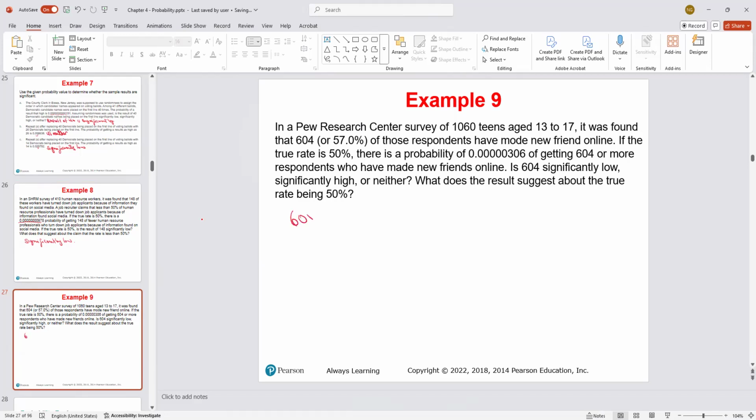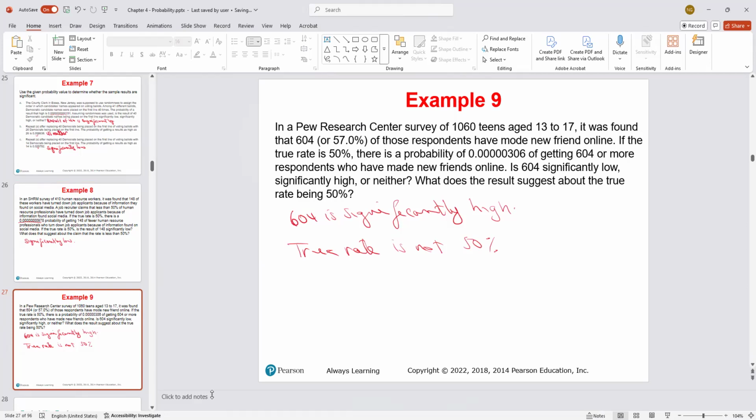So we can say 604 is significantly high. Okay, so that's very important. It's really significantly high. This suggests that the true rate is not 50%. Very important.